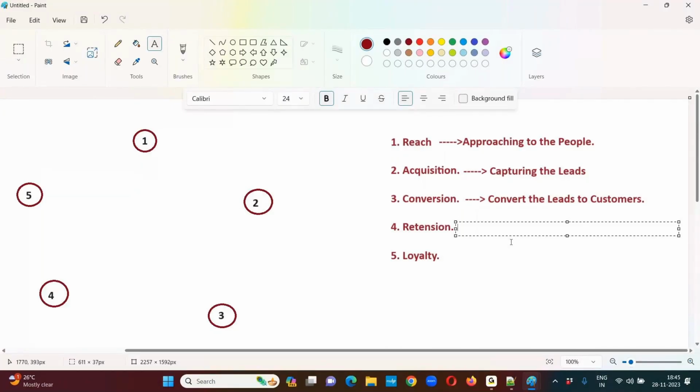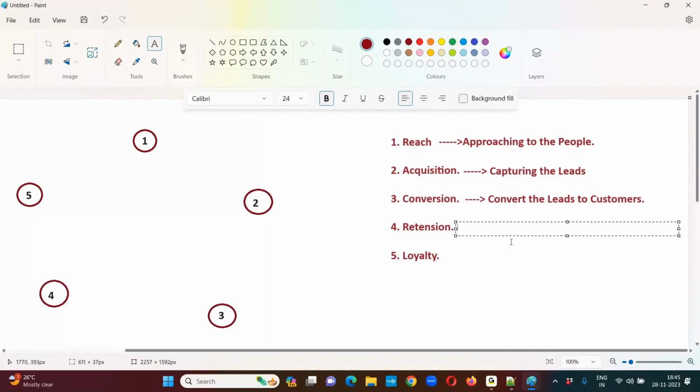Suppose the customer is facing some problem and I'm not responding immediately, then the customer will go to some different organization. In future, if he needs some product, he will go to a different company. He will give wrong feedback, and because of that, other people won't show interest in my products. I'm losing credibility in the market. That's why we always have to retain the customer with us. For that, we have to offer quality services. That's why service is very, very important for every organization.